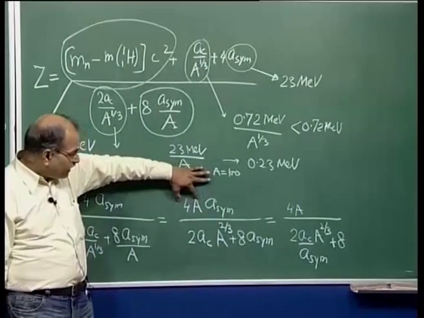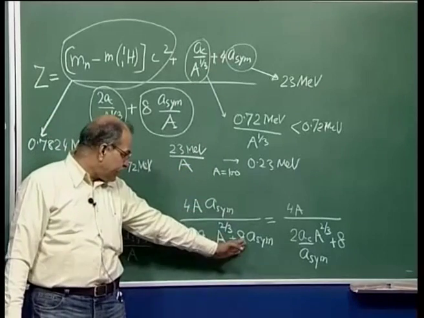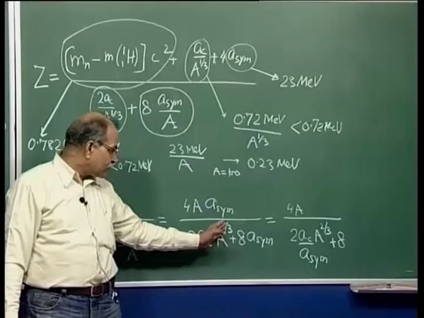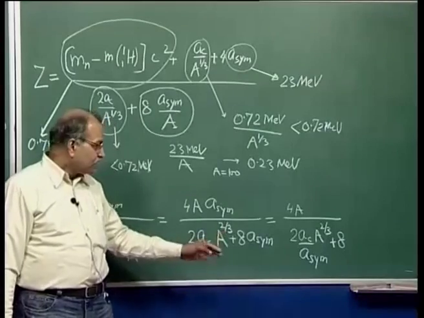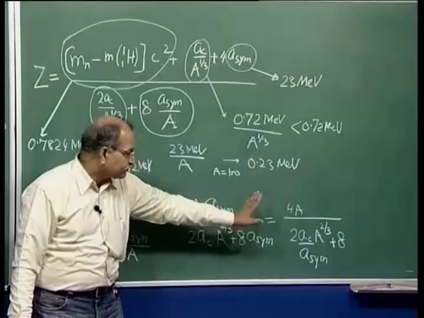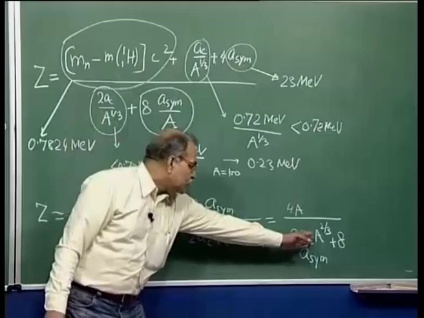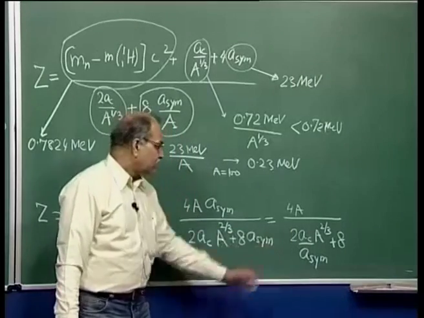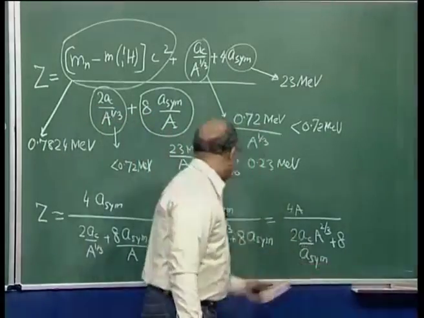So, numerator is 4A and denominator this becomes 8 and this becomes 2AC A power 2 by 3 divided by ACM, right. Now, you divide by 4 or take 8 common from here. Okay. So, how much it is, right.